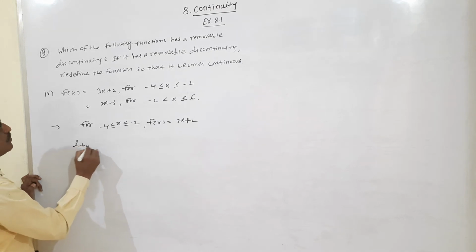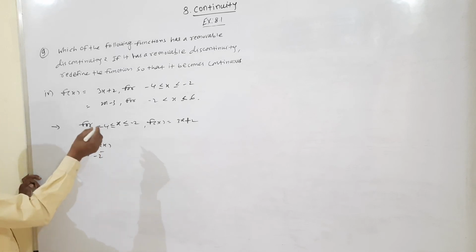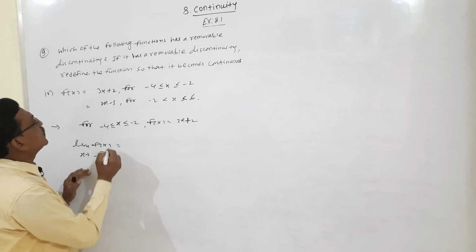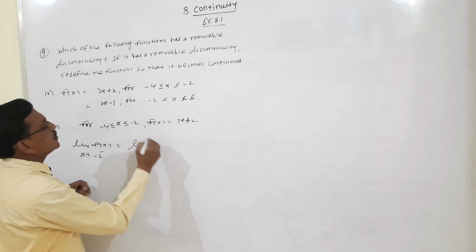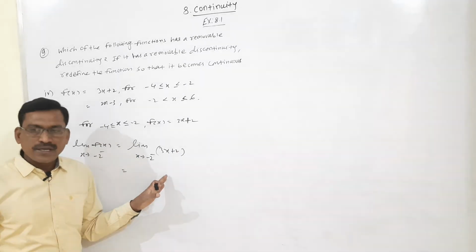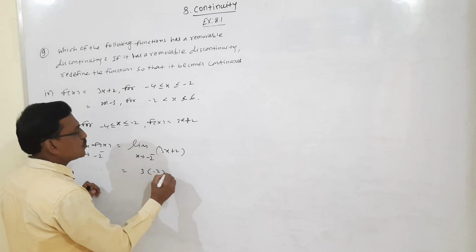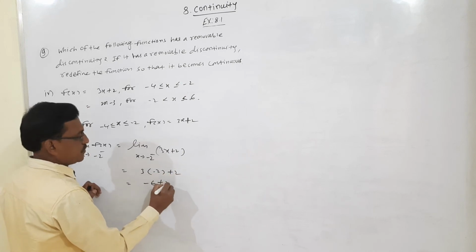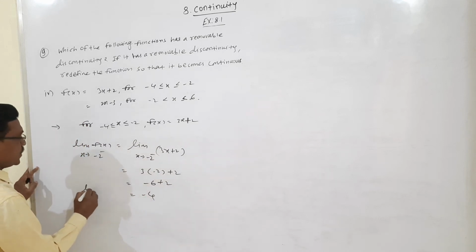So the limit of f of x as x tends to minus 2 from the left, of 3x plus 2. There is no simplification, so apply the limit directly. 3 into minus 2 plus 2, it gives minus 6 plus 2, which is minus 4. So the left hand limit is equal to minus 4.